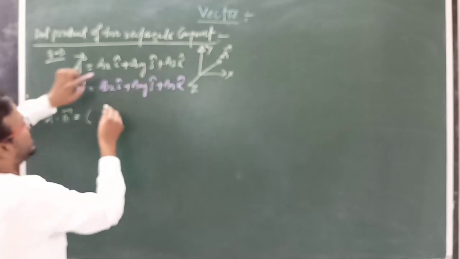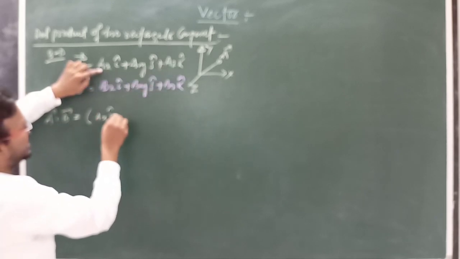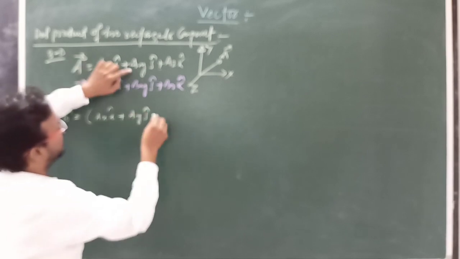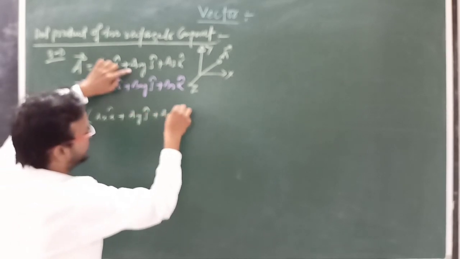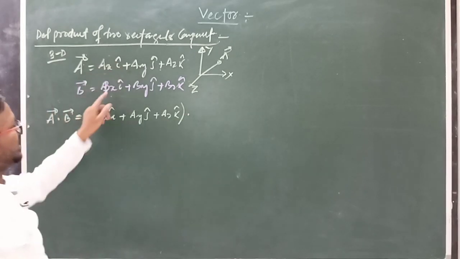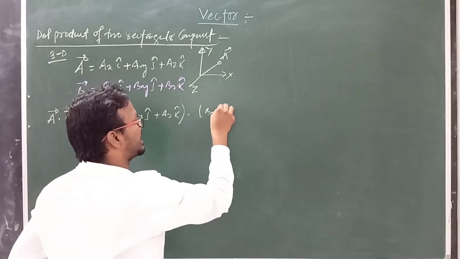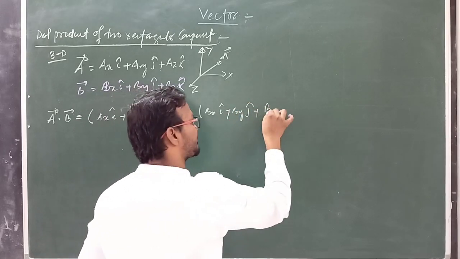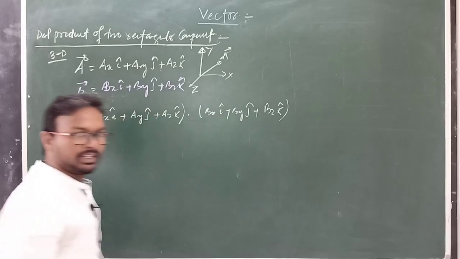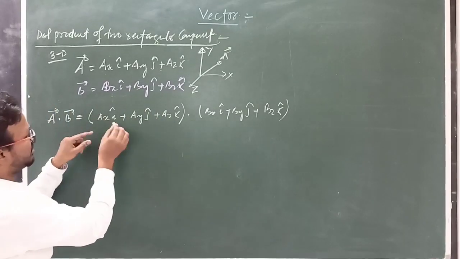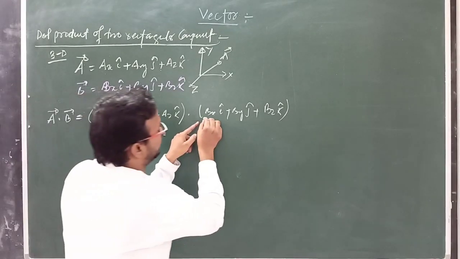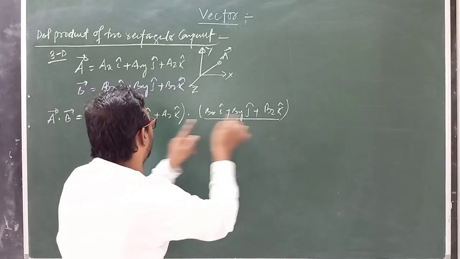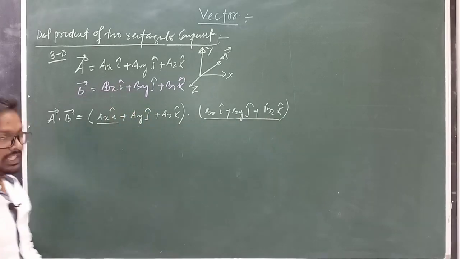So its value is here ax i cap plus ay j cap plus az k cap dot b vector, that is bx i cap plus by j cap plus bz k cap. Now multiply. So first we have to multiply ax i cap with this total term, and again ay j cap with this total term, and az k cap with this total term.